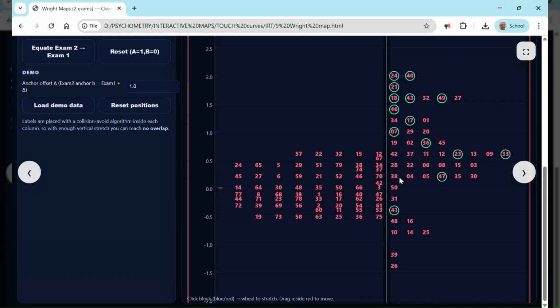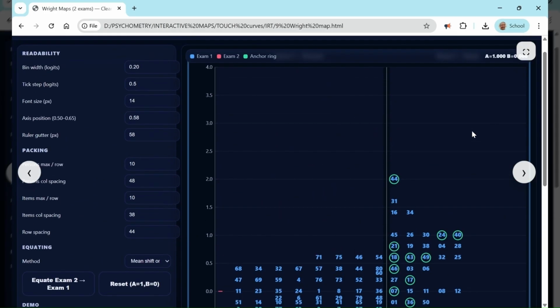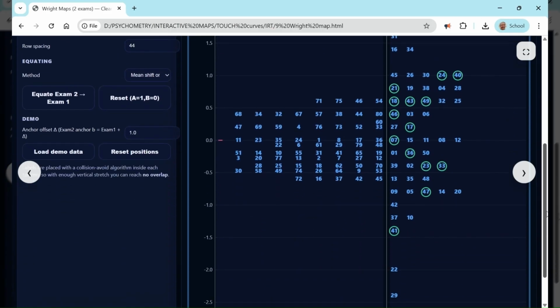So when we equate them, if we consider that the blue question is the real one in our item bank, we need to bring all of these down. So let's equate and we'll see how it compares to the first one. This is the first one, our question in the item bank, and we'll see how the difficulties and the abilities will compare across both sets.